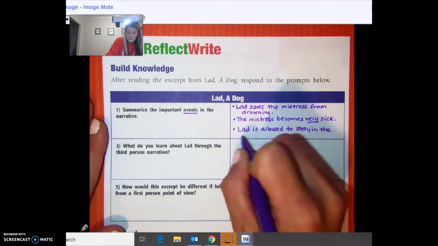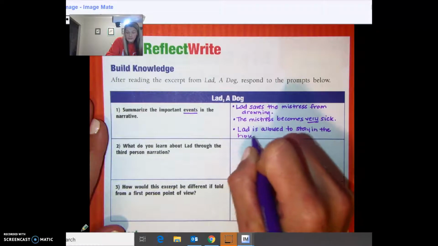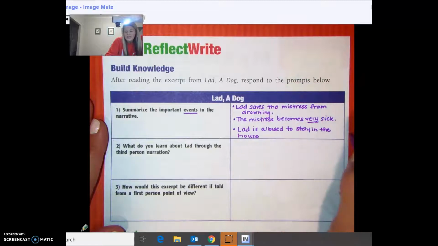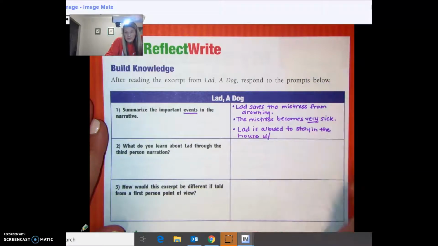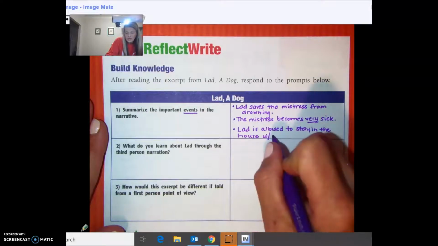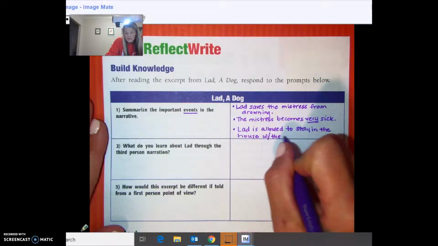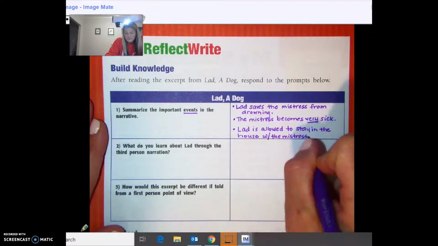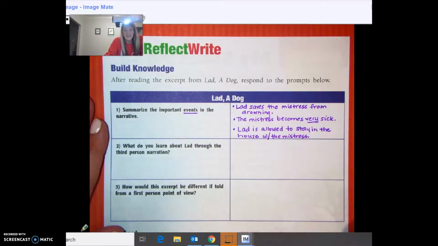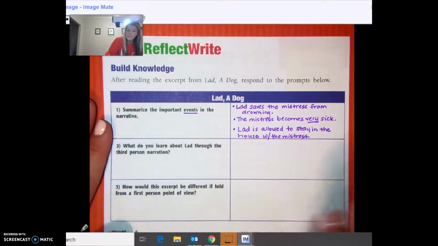At the end, where all the other dogs needed to figure out somewhere else to go so they could be quiet, Lad is allowed to stay in the house. And I'm going to use my little with symbol, W/with the mistress. Hopefully while she recovers. So those are kind of our key events. Not necessarily key details, but key events.